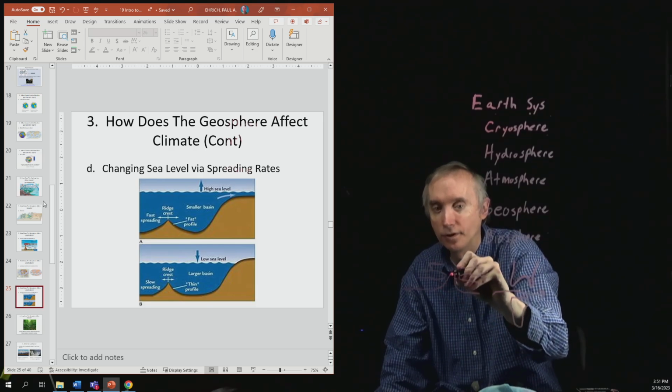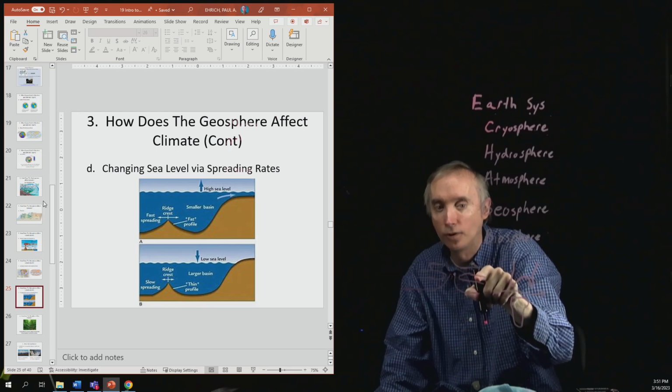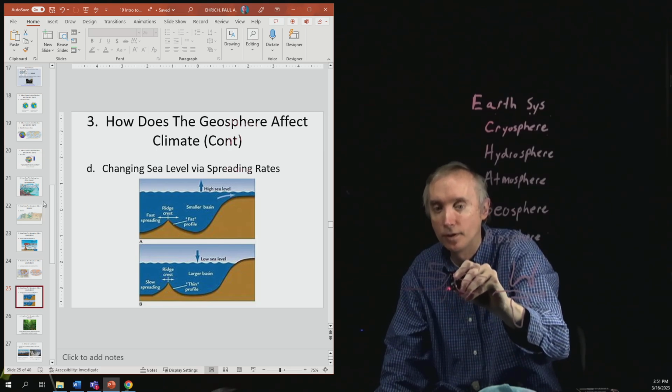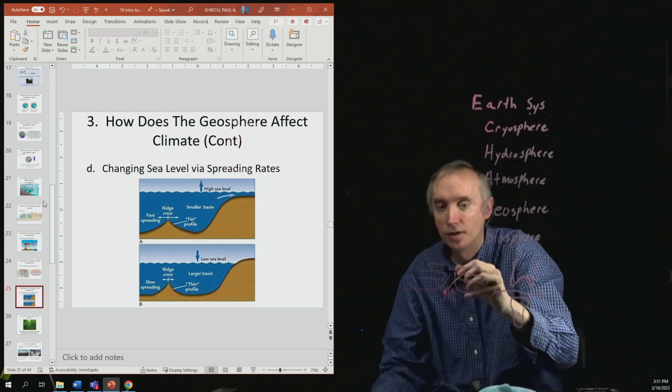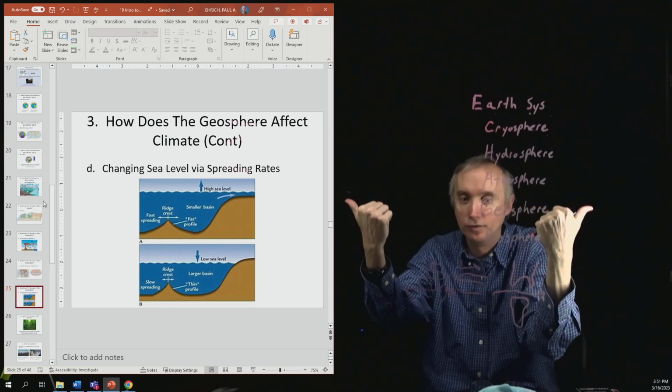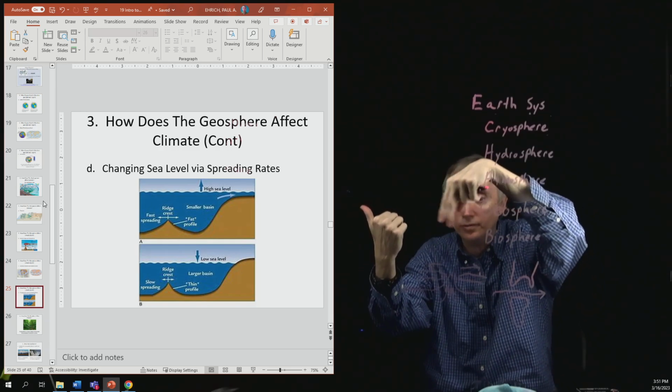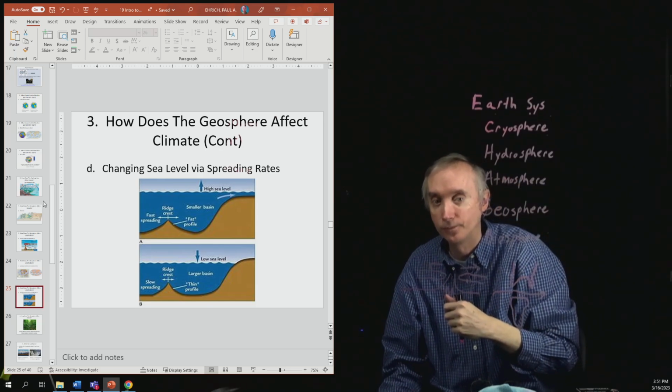Where this material comes up, it's going to harden and make new ocean floor, and then new material comes up underneath it and breaks it, so that the old ocean floor has to move away, and it forms new ocean floor in between.